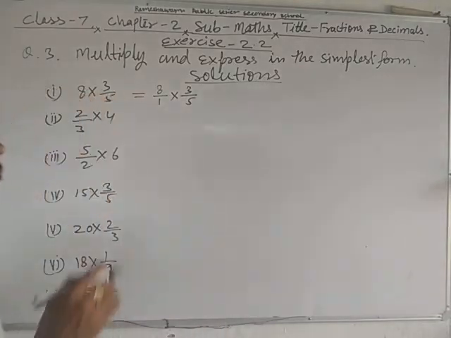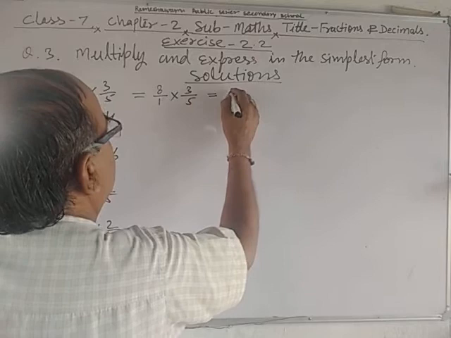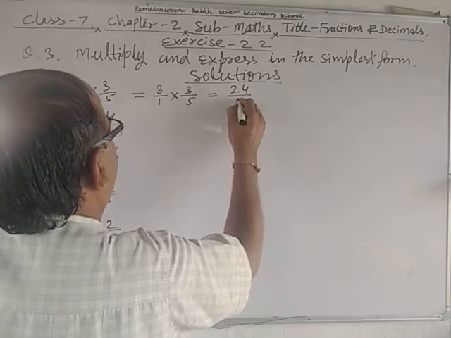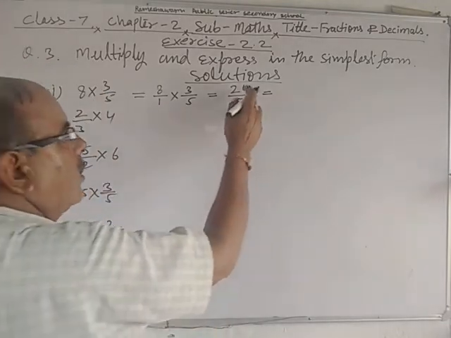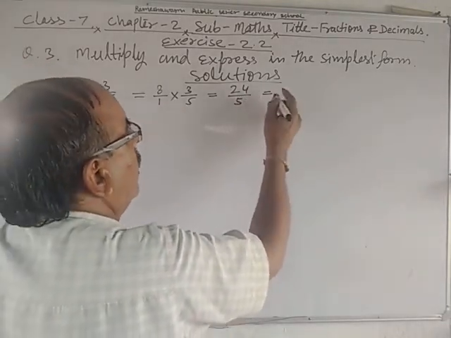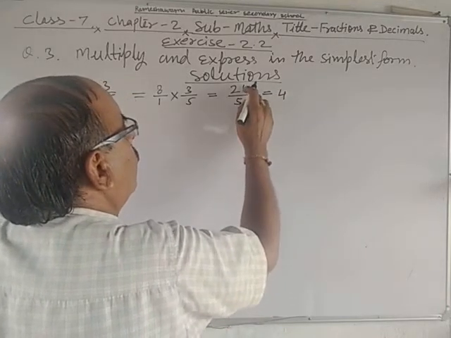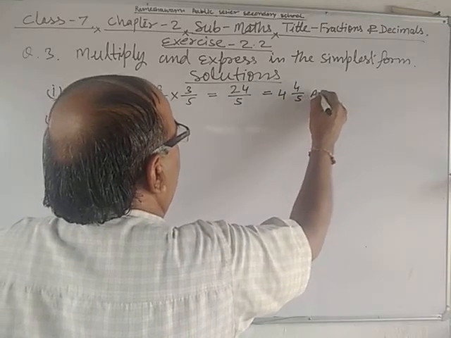The product of the numerators is 8 threes are 24, and 5 ones are 5. Then we divide 24 by 5: 5 fours are 20 and 4 is remaining, 4 upon 5. Answer.